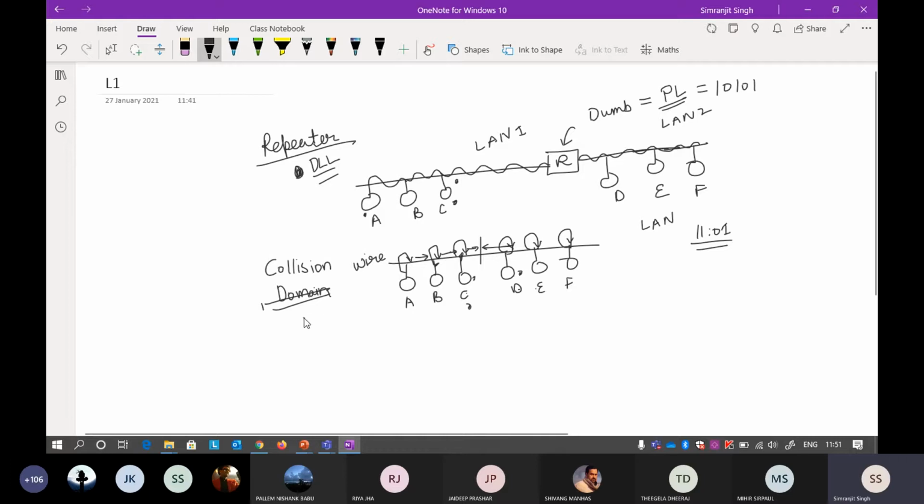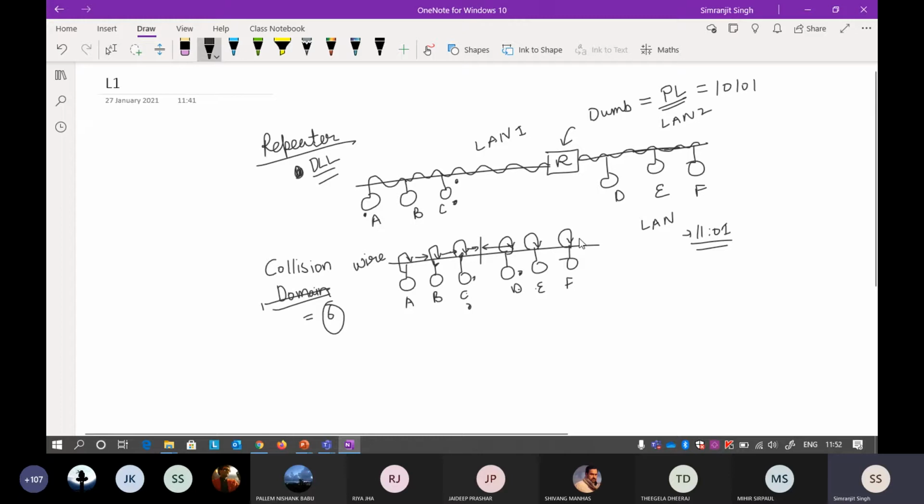Out of these 6 devices, how many devices can be included in a collision? I can say that the collision domain here is 6 because all of the 6 devices can be included in a collision. It can happen that all of the devices at the particular time, that is 11:01, are putting a signal onto the wire. It's a single wire, that is your baseband wire, not any other wire.